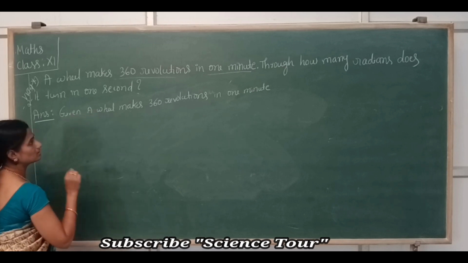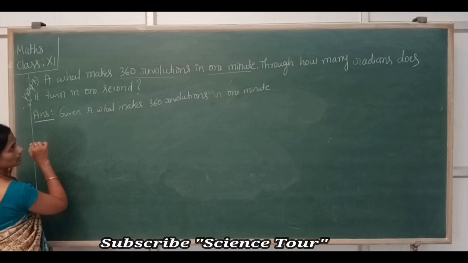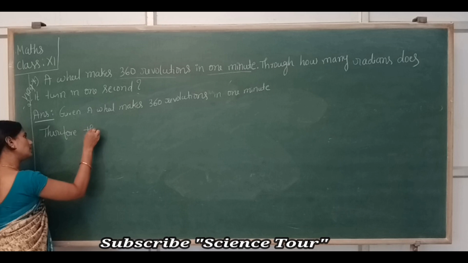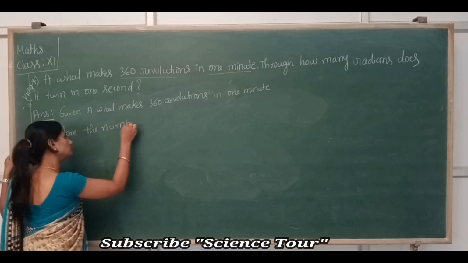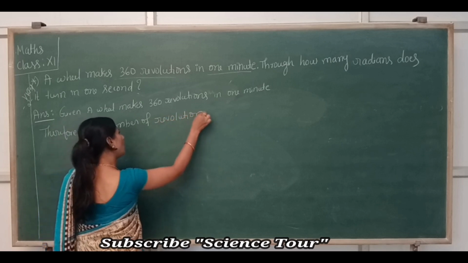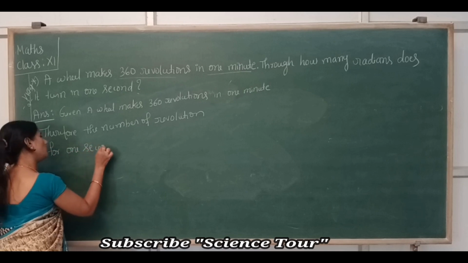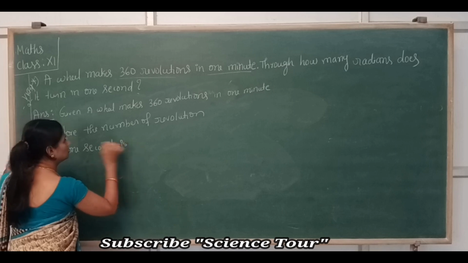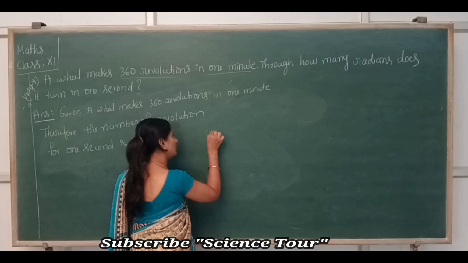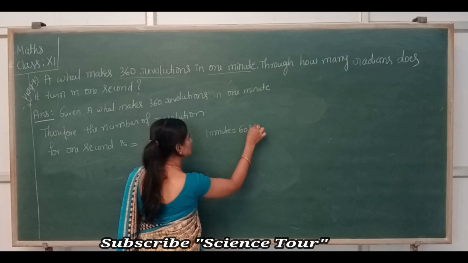Given a wheel makes 360 revolutions in 1 minute. So now next, the number of revolutions for 1 second is equal to, what is that? 1 minute is equal to 60 seconds.